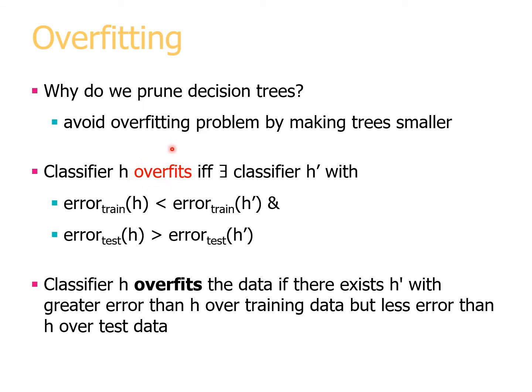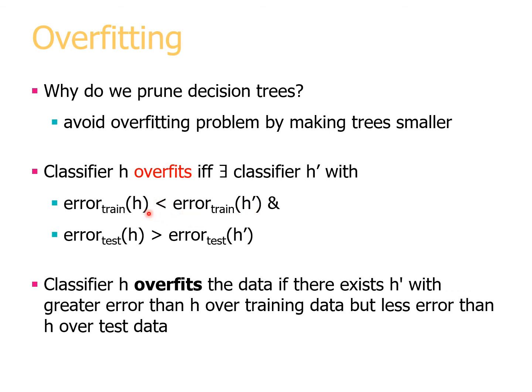This is the definition of overfitting. Suppose we have two classifiers, H and H prime. A classifier can be any classification algorithm like a decision tree, neural net, deep learning, SVM, whatever. So let's say we have two classification algorithms, H and H prime. Then let's say for training data, the error of H is less than the error of H prime.